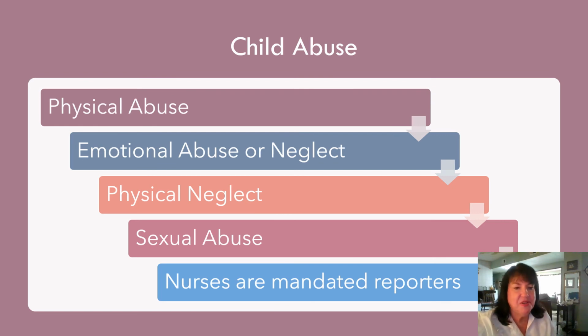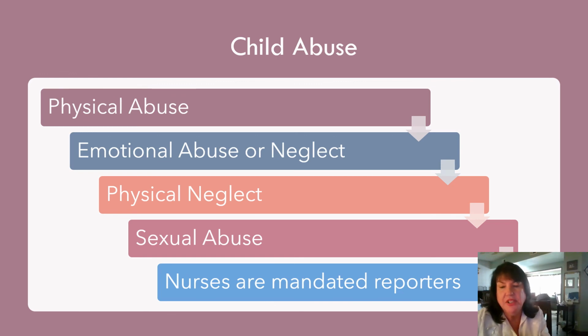Child abuse is also an issue, and remember, I did mention that we are mandated reporters. We're not mandated to decide is that child being abused or not, but we are mandated to report that we have reason to suspect a child might be being abused.